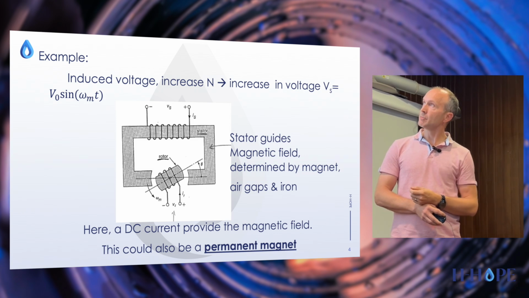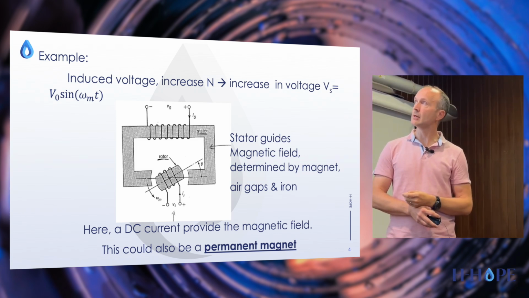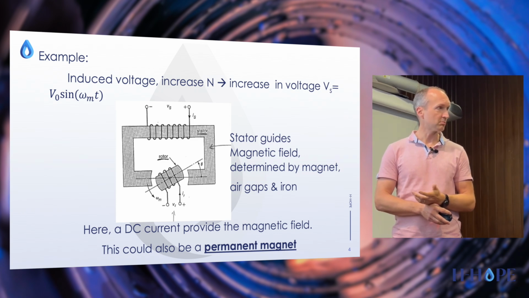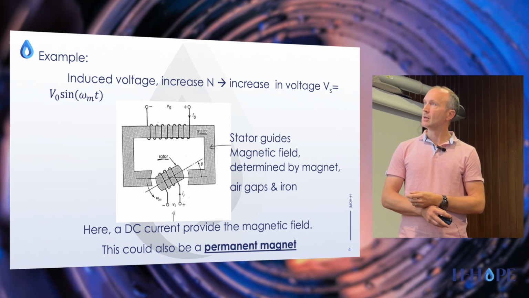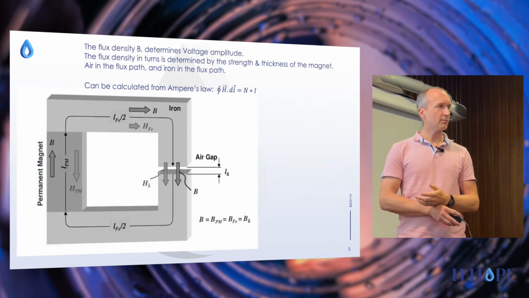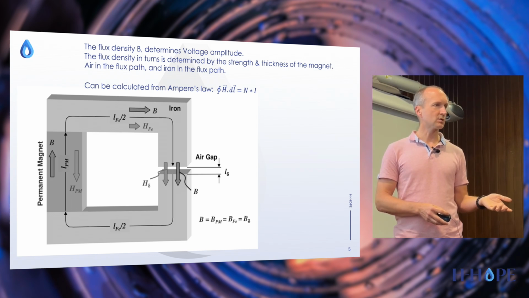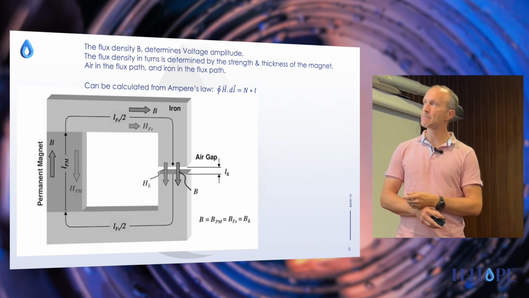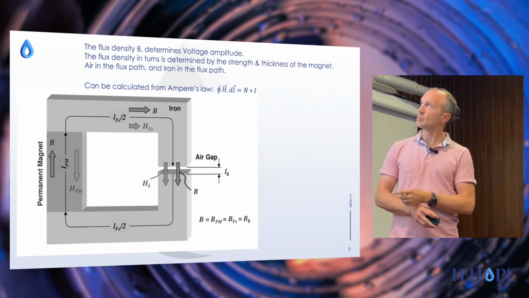So in this simple scenario, we have an induced voltage in this coil here. This is not a linear generator, but this geometry could be used for a linear generator as well. So what determines the flux? The flux will determine the voltage. The flux density will determine the voltage. So what determines the flux density? That's governed by Ampere's law, which is written there.